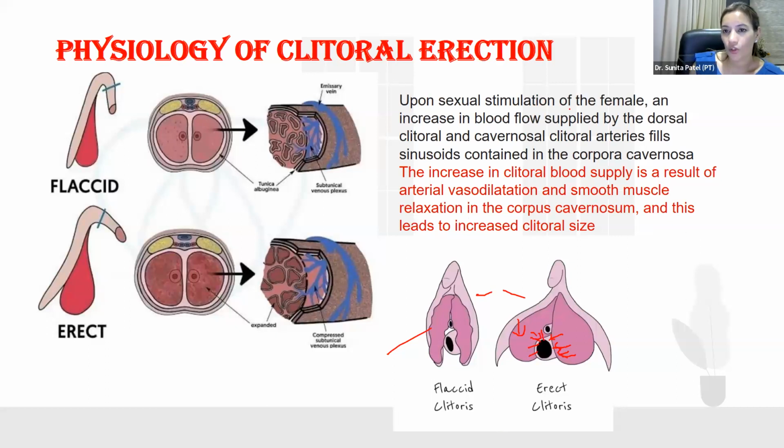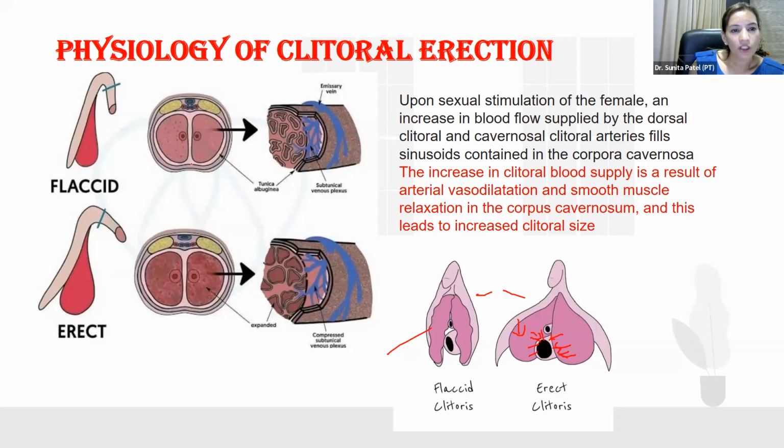Upon sexual stimulation of the female, there is an increase in blood supply towards this particular clitoral structure because of these clitoral arteries, which fill the sinusoids contained in the corpora cavernosa. So this is our structure, clitoris. If you see the clitoris in the cross-sectional view, our clitoris is something like this.